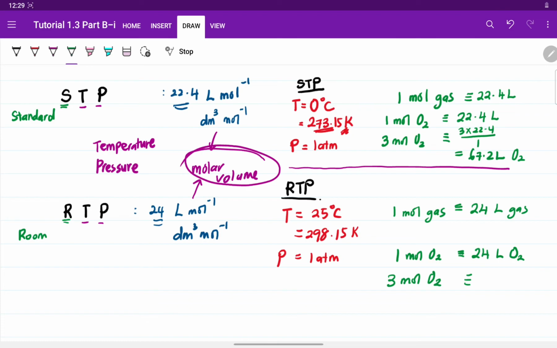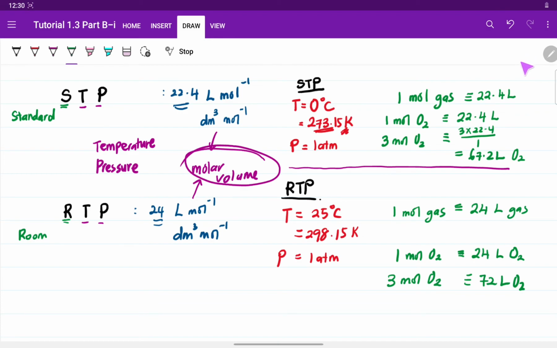So, 24 darab 3 bagi 1. So, you will have 72 liter of oxygen. So please bear in mind, dan take note pasal ni. This is very important sebab sampai ke chapter 7 awak akan pakai benda ni.